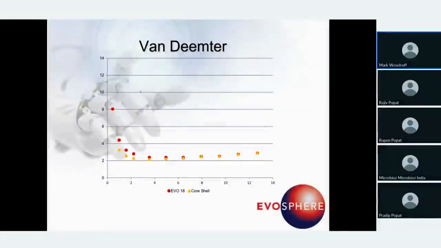If we can keep increasing the flow rate, it means that we can increase the speed of our analysis. So this is also where having this monodispersity, having these very well-packed HPLC columns comes into the forefront: we gain a lot of efficiency, but we can also gain speed by increasing the flow rate.